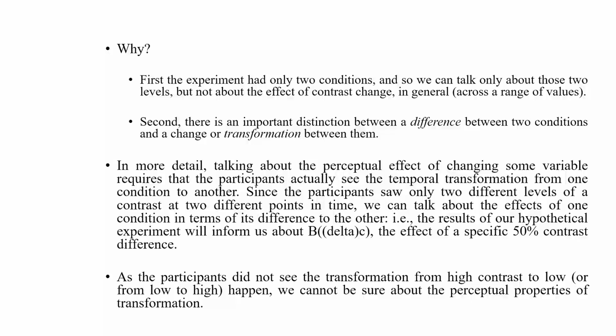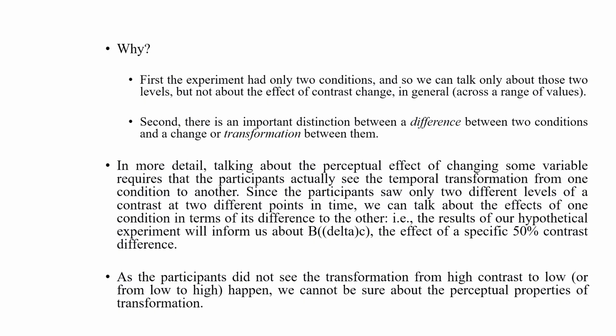Alright. The second reason is that we are talking only about the difference, but not about the transformation between these conditions. How does the mental process change between the two contrast conditions? Talking about the perceptual effect of changing some variable, in this case contrast, would actually require that the participants see the particular stimulus changing in time with respect to contrast.